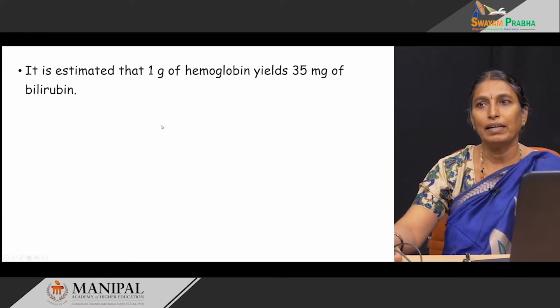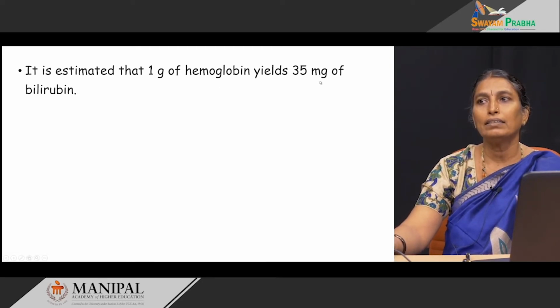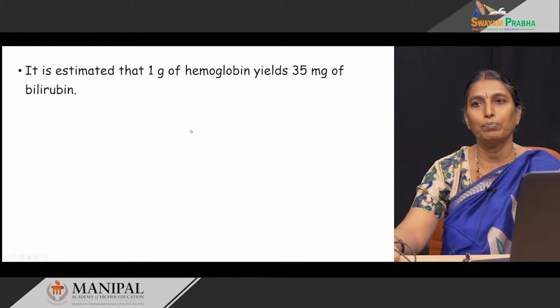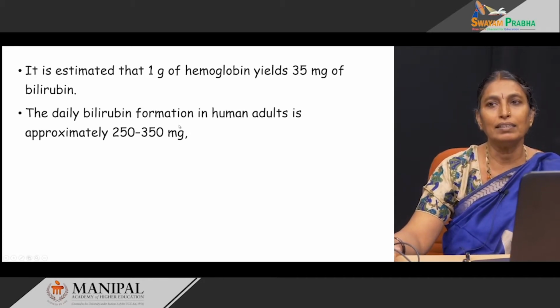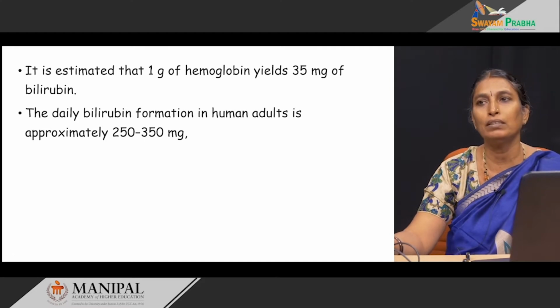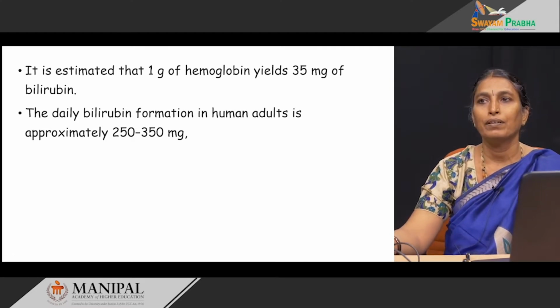It is estimated that approximately 1 gram of hemoglobin yields 35 milligrams of bilirubin, and we learned that nearly 6 grams of hemoglobin turnover happens per day.